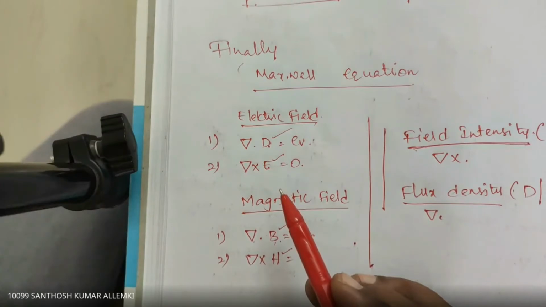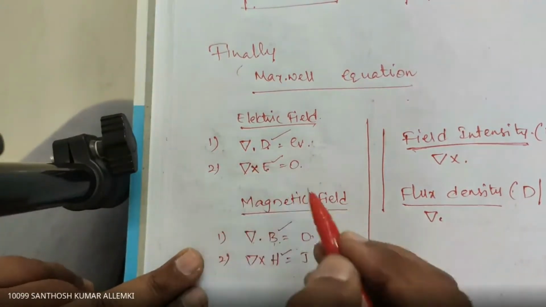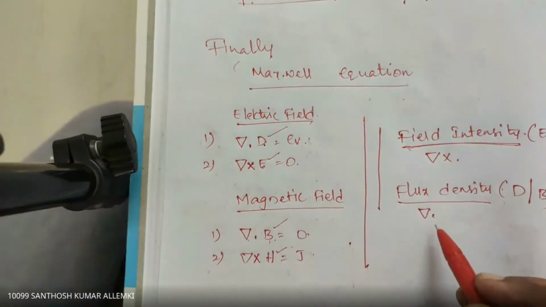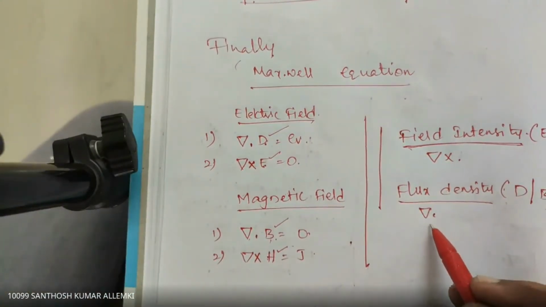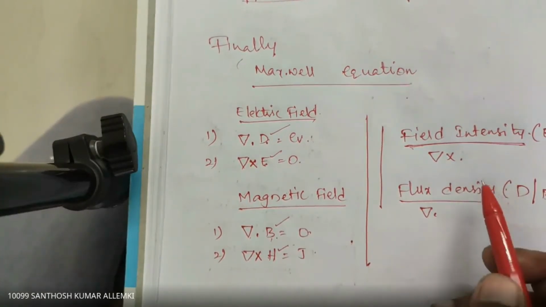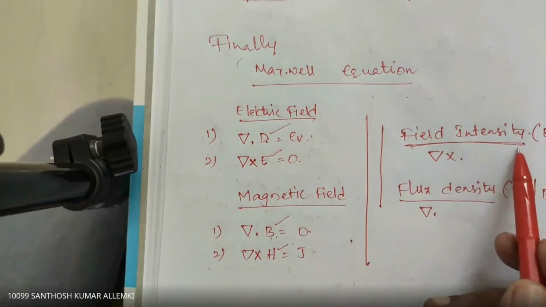If you want to take the dot product expression, you need to take flux densities. If you want to write the cross product expression, you need to take field intensity.